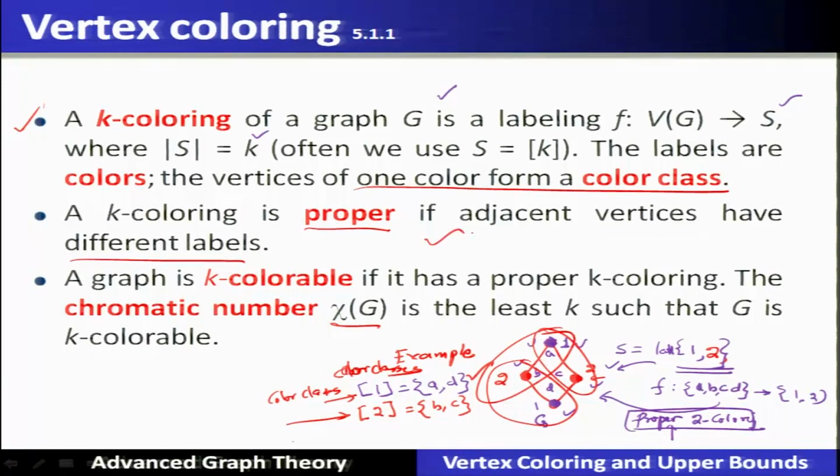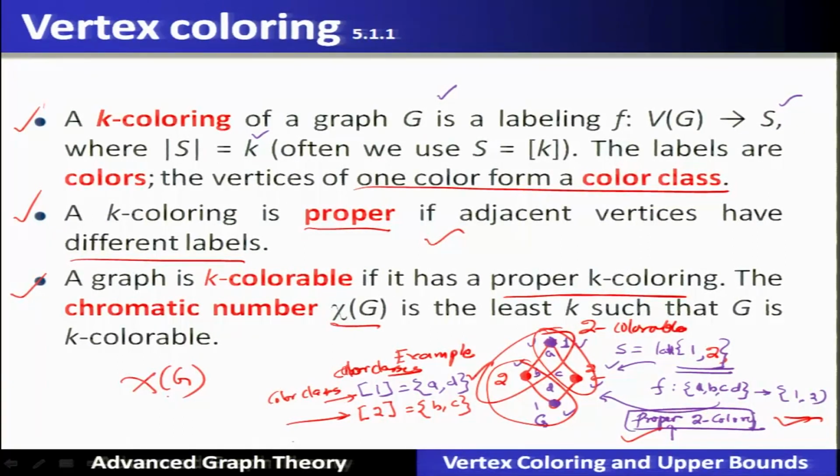Hence, this coloring is proper. A graph is k colorable if it has a proper k coloring. So, we have shown a proper 2 coloring of a graph. Hence, this particular graph is 2 colorable.